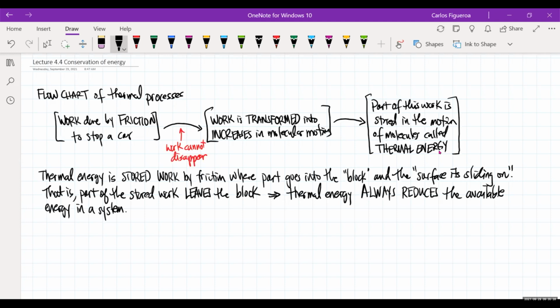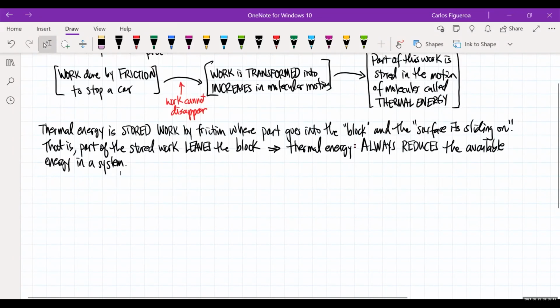And what you find here is that we're going to see something like this. Okay, so let's look at this. What we want to do is slide a block, or a box, across a rough floor.